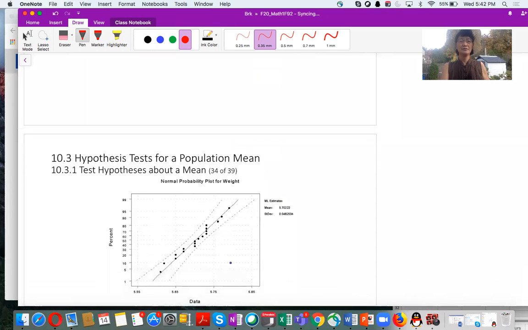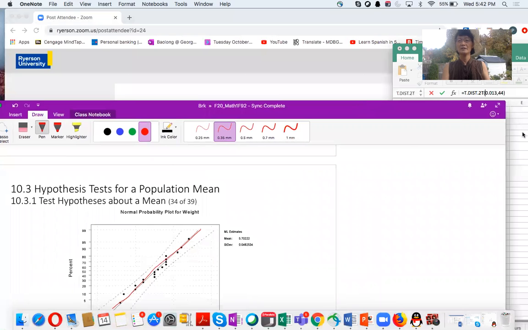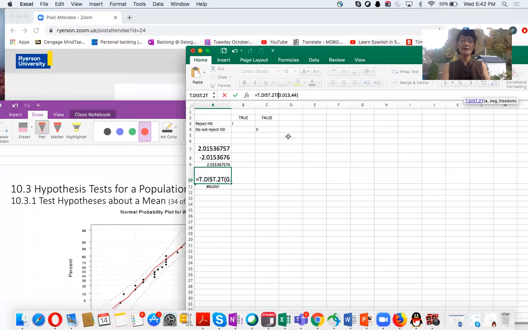So how do you know the sample is coming from a population having normal distribution? You use the normality graph. If the normality graph looks like a straight line, we assume normality is met. And how do you produce this normality graph? You go to Excel. You punch in the data. For example, you have 18 data here.